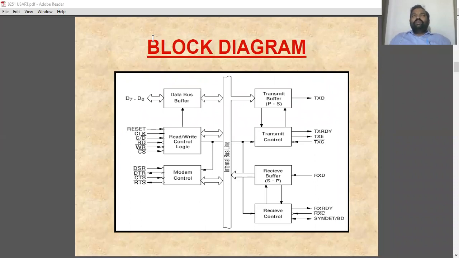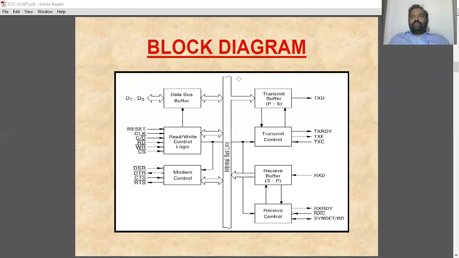So while transmitting serial data, generally a synchronous data transmission format and an asynchronous data transmission format will be there. So we can transmit the data in these two formats, synchronous and asynchronous, with the help of 8251, right?